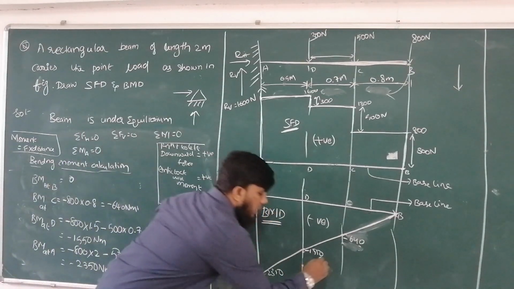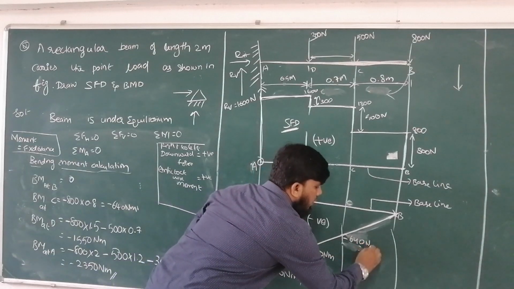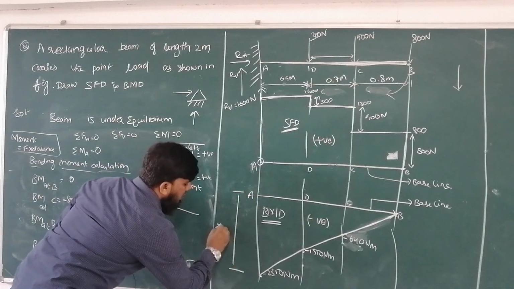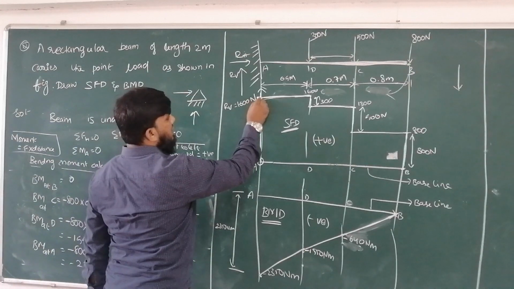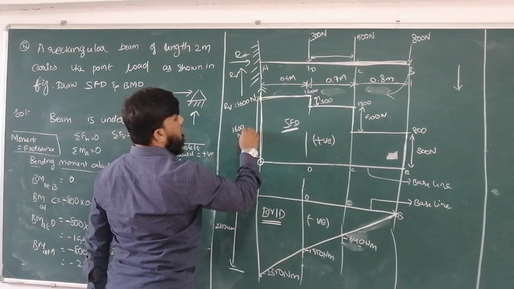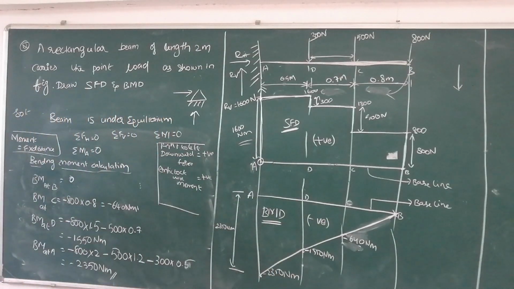The units here should be Newton meter. This length we have to show as 2350 Newton meter. Similarly, here this length should be shown as 1600 Newton meter. So with this, we have solved the complete problem. In this way, you have to solve this case.